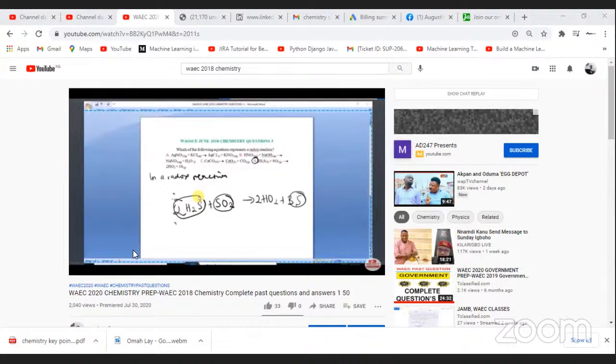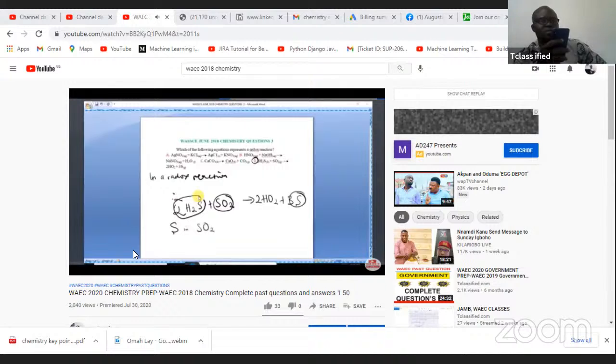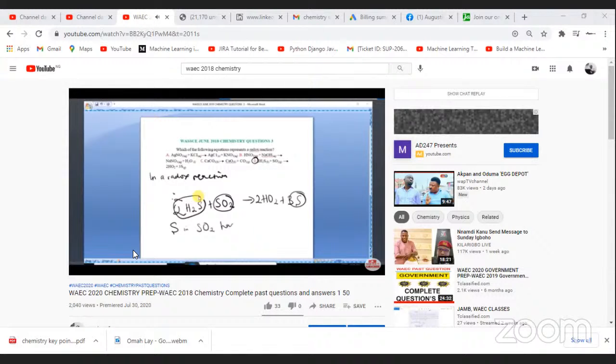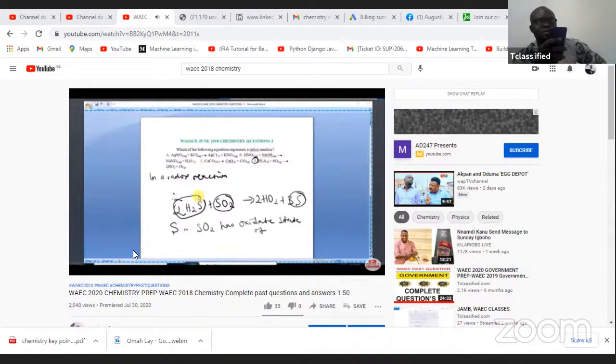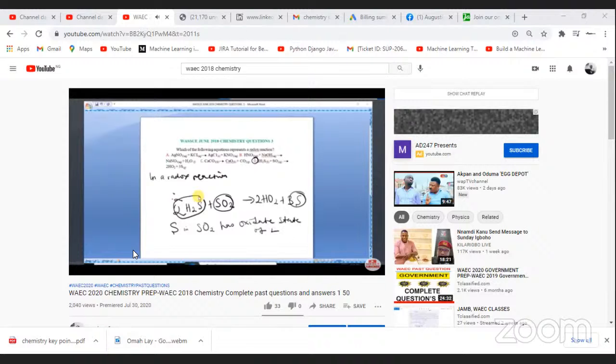What is the solubility of a salt if 0.4 grams of it is obtained on evaporating 200 centimeter cube of the saturated solution to dryness? Good. So they gave us the mass and they gave us the volume.